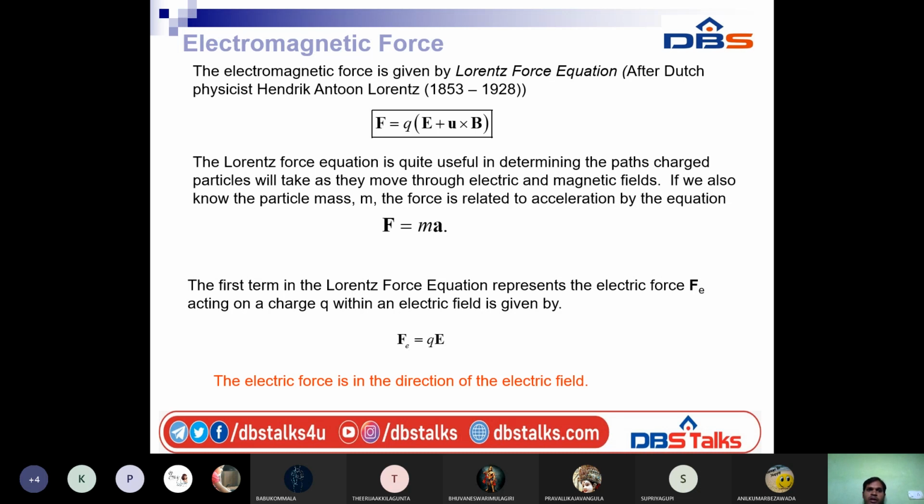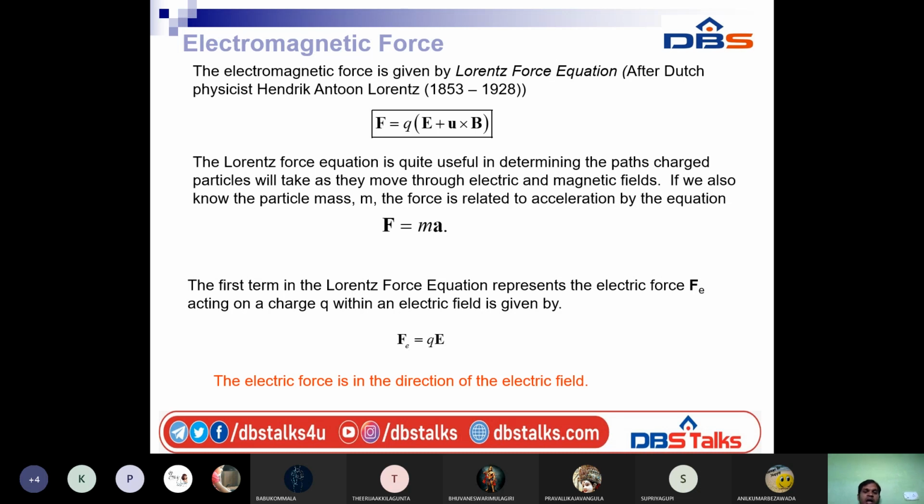First here we have to see about magnetic force and electromagnetic force, which is a force raised by the electric field as well as the magnetic field. That is why it is called the electromagnetic force. This equation is given by the Dutch scientist Lorentz.